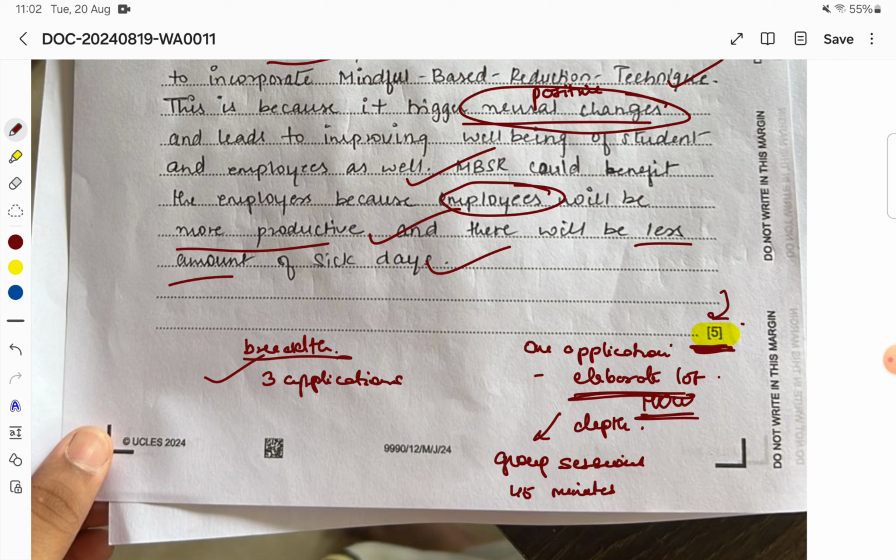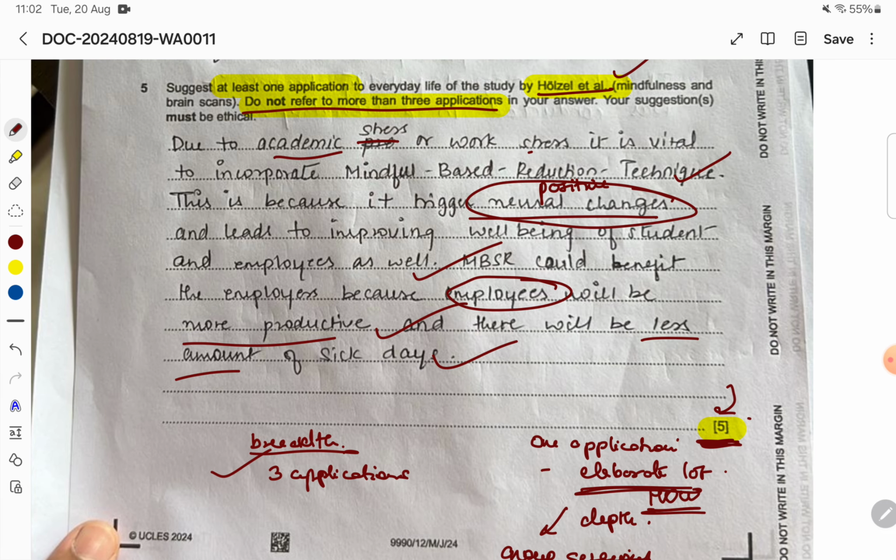Like I said, there's a lot of scope for elaboration when it comes to wholesale study. So since she's oriented towards one application, mainly in the workplace, she could have elaborated this way, like just drawing parallels between what they did in this study and how those steps could be implemented by employees. That would justify full 5 marks.